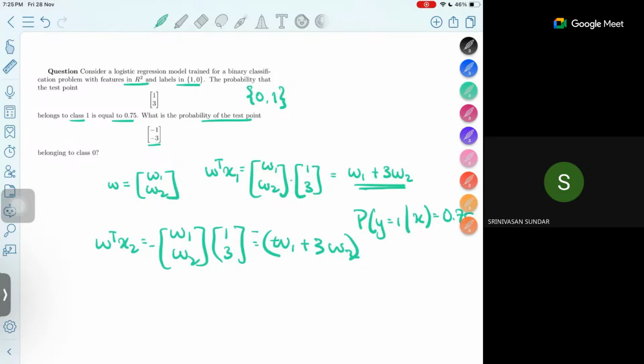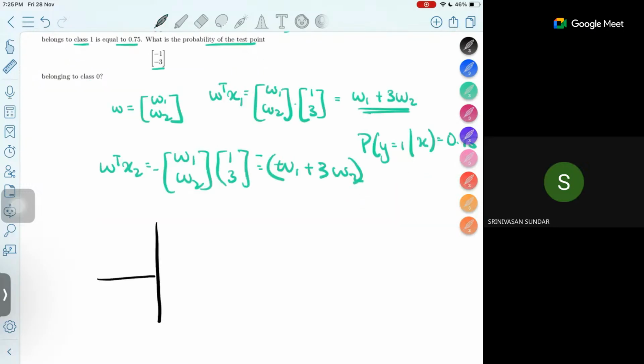One fact that we can use is that this point is exactly as far away in the negative direction as the point (1, 3) is from the origin in the positive direction of W. If we have this particular data set, this is the W, let's say, and we have the positive points here and some negative points here.